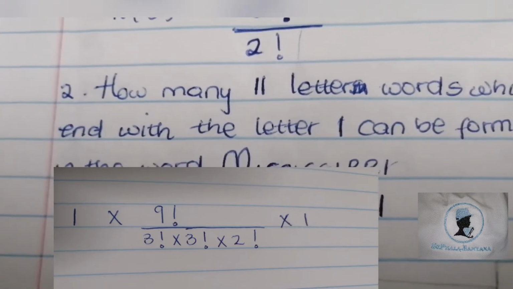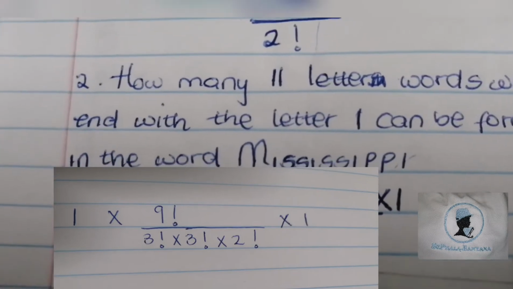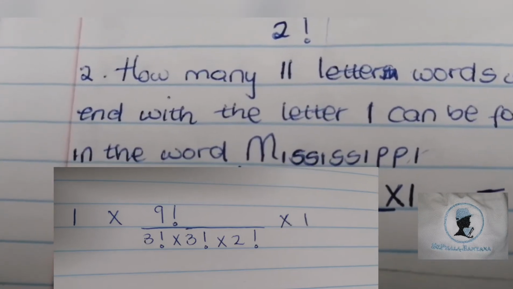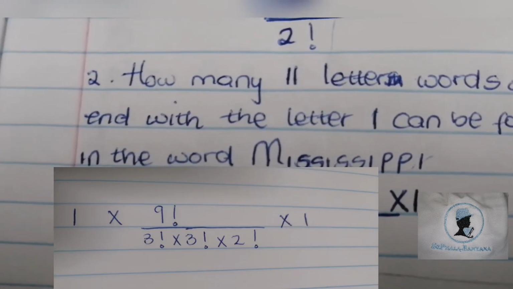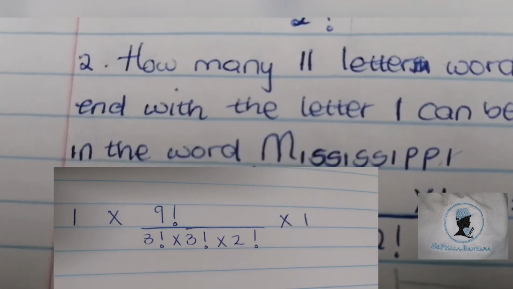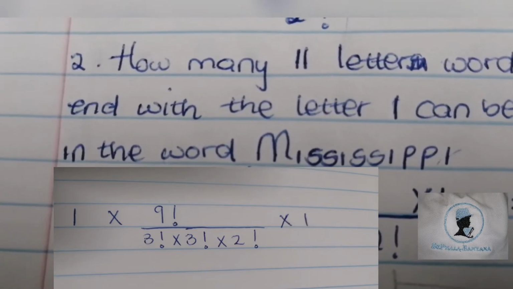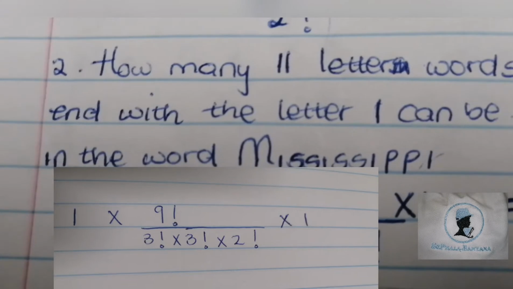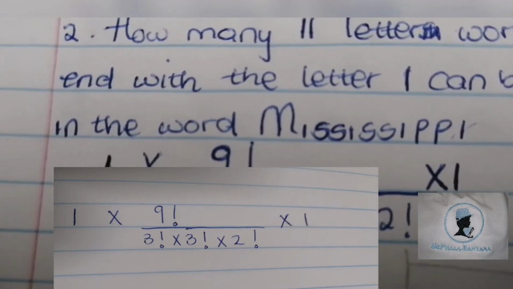letter. So of the 11 letters, we have 9 letters remaining and they did not say anything about them. There is no condition, so you can just do the permutation of the other letters. We are left with 9 letters.